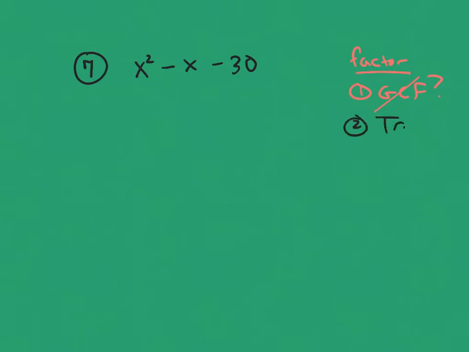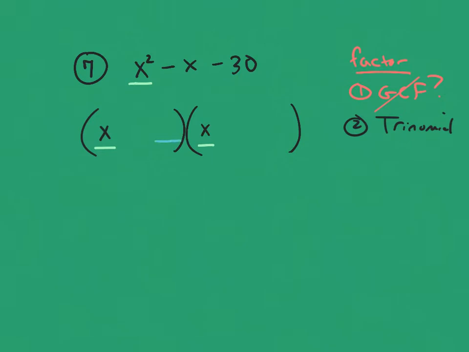It is a trinomial. So those are going to factor into 2 parentheses. Keep in mind the first thing in both those parentheses has to multiply to be x squared, or whatever this first term is. X and x.